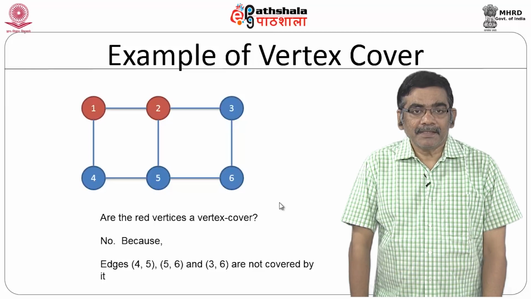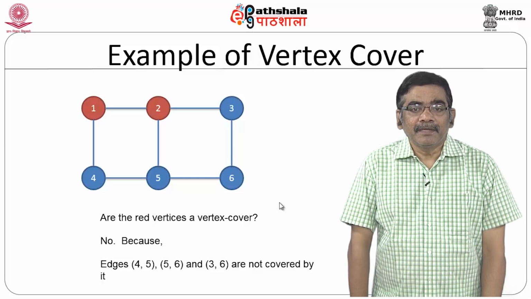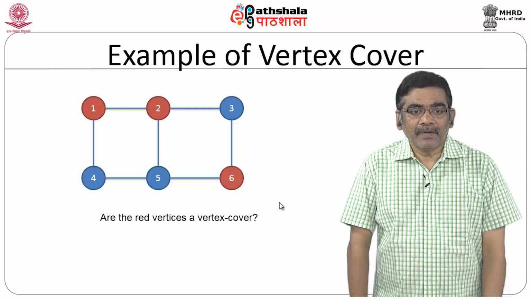In other words, if I take the edge 4, 5, then neither vertex 4 nor vertex 5 is part of the vertex cover. So, just a selection of nodes 1 and 2 is not sufficient for a vertex cover. So, that is the logic.